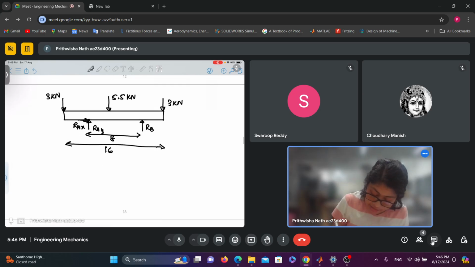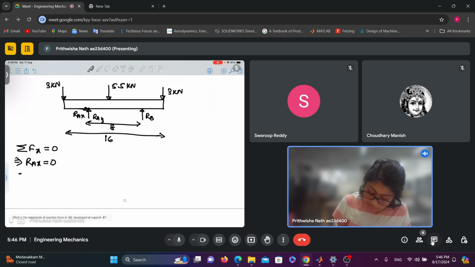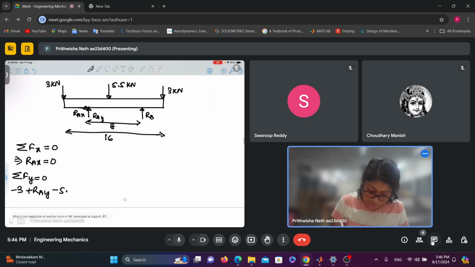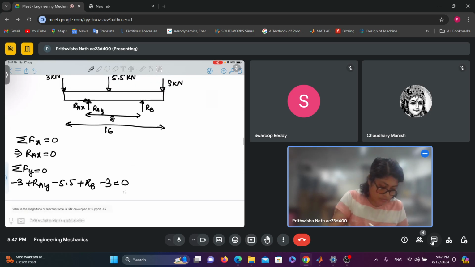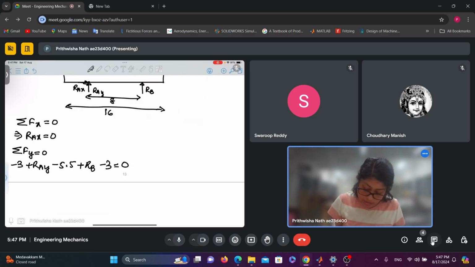So from Fx equals 0, we get RAx to be 0, and from Fy equals 0, minus 3 plus RAy minus 5.5 plus Rb minus 3 equals 0. So RAy plus Rb equals 11.5.